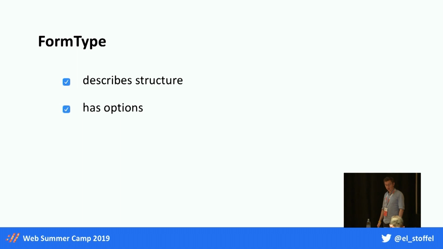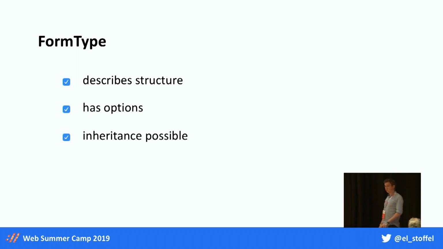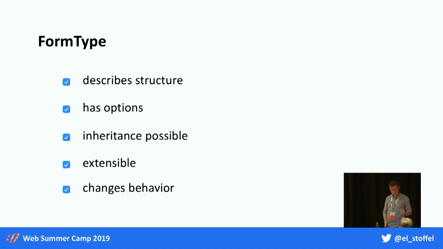All right. Inheritance is possible, and they are extensible. We will have a look at extensibility maybe later on. And the next thing is we can change the behavior of the form.